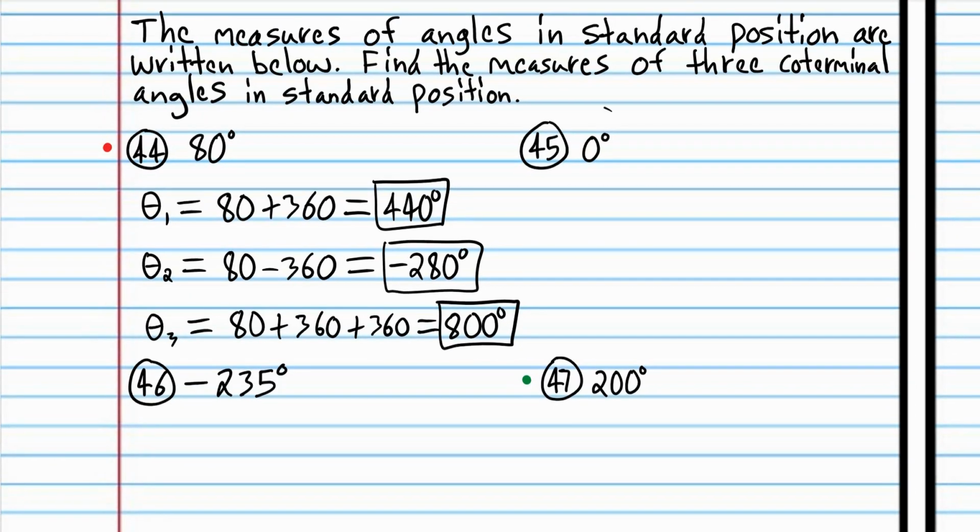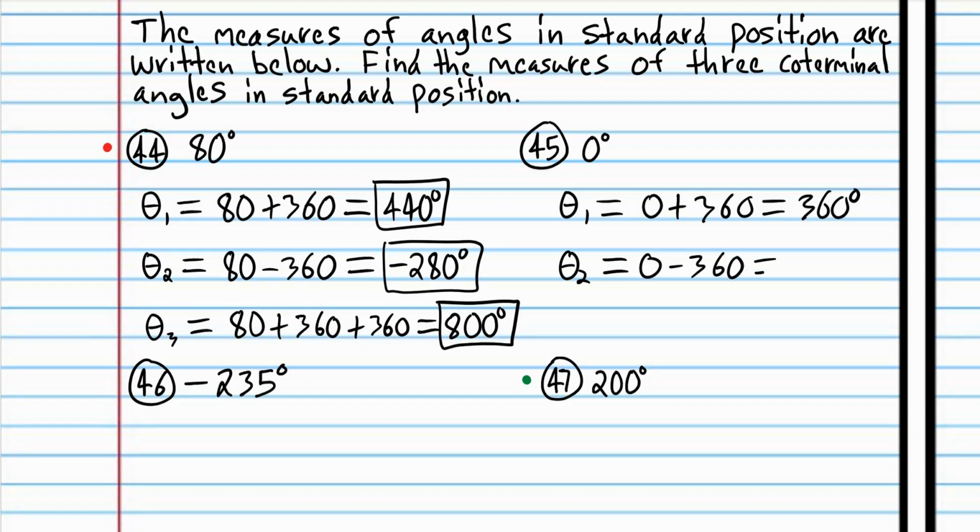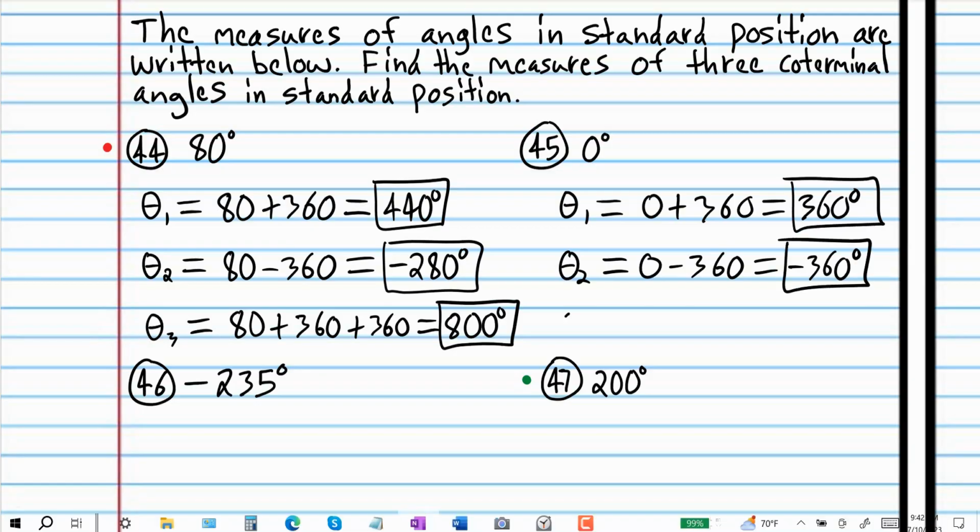So let's try the next problem. We have 0 degrees. So a coterminal angle measure would be 0 plus 360. Another coterminal angle would be 0 minus 360, so negative 360 degrees. And if you graph these out in standard position, you can see that the terminal side is going to be at the same exact position.